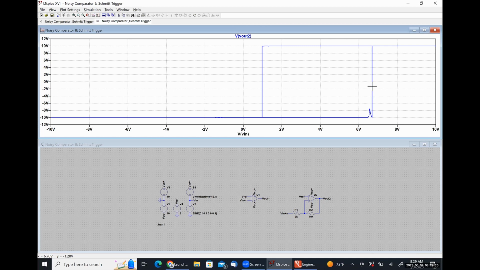So this vertical line is occurring at an X of 6.7 volts, which is pretty close to the 6.9 volts that our model tells us that we should have. And this one occurs at 0.98 volts, which once again is pretty close to where our model tells us our lower trigger limit should occur.